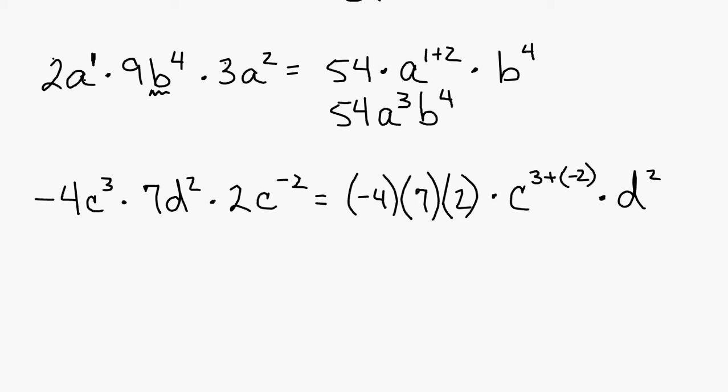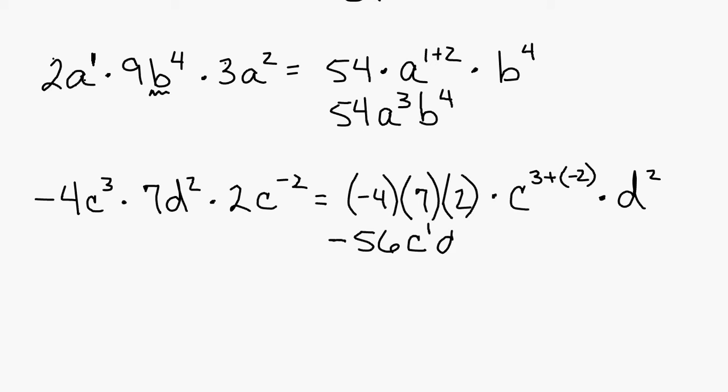So now you can simplify all of this. Your negative 4 times 7 times 2 is negative 56. Your c is going to be to the 3 plus negative 2, which is 1. But the 1 doesn't get written. You won't see it written on an answer choice, and you won't see it written in the correct answers.